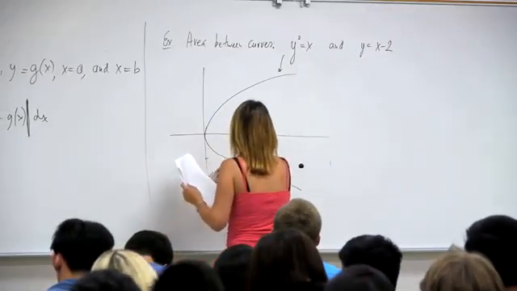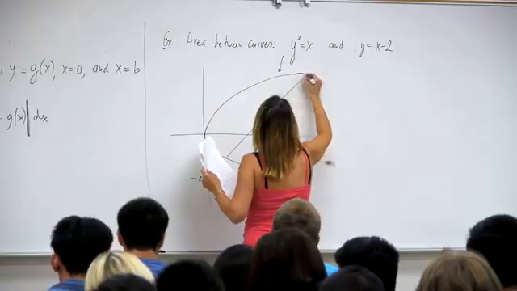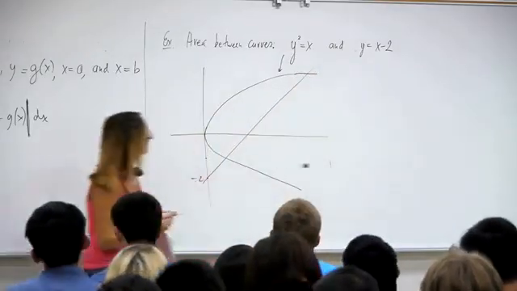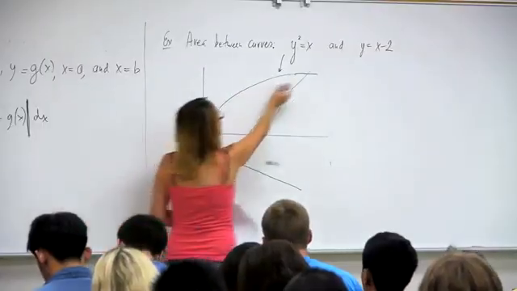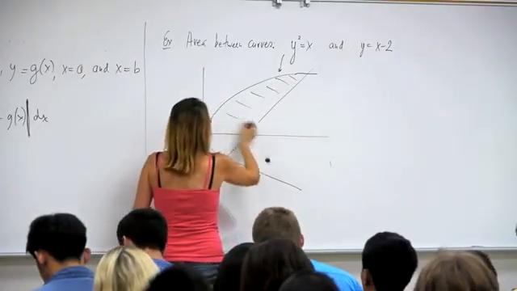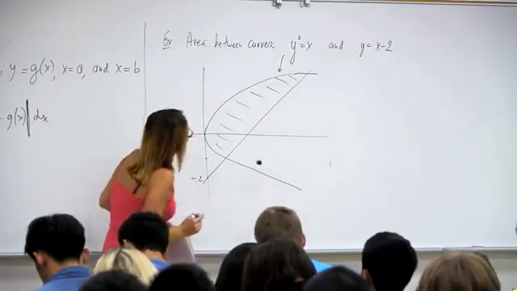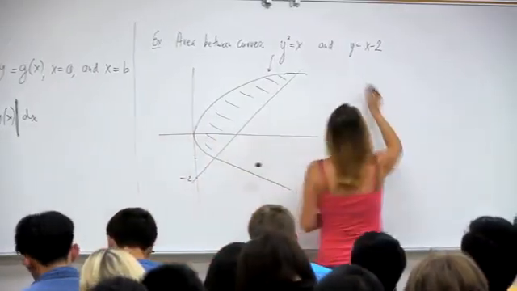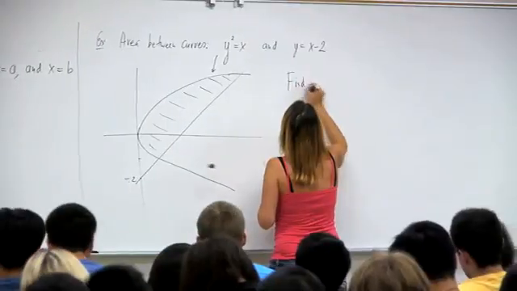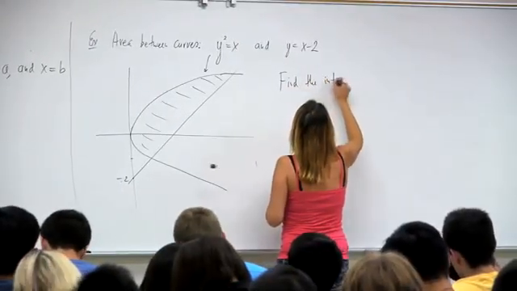Goes something like this. So from this graph, you kind of see that they intersect and they form a finite object, right? Finite region. What do we need to do? We have to first of all figure out where do they intersect. Okay. Find the intersections.